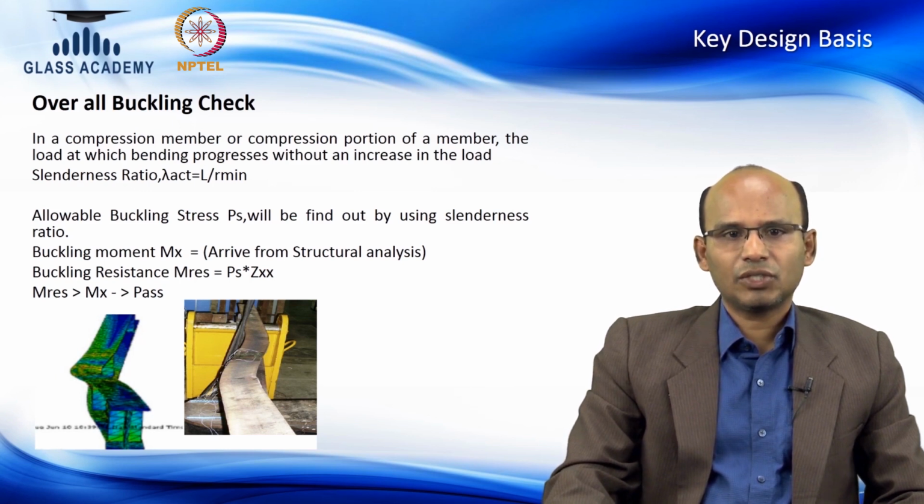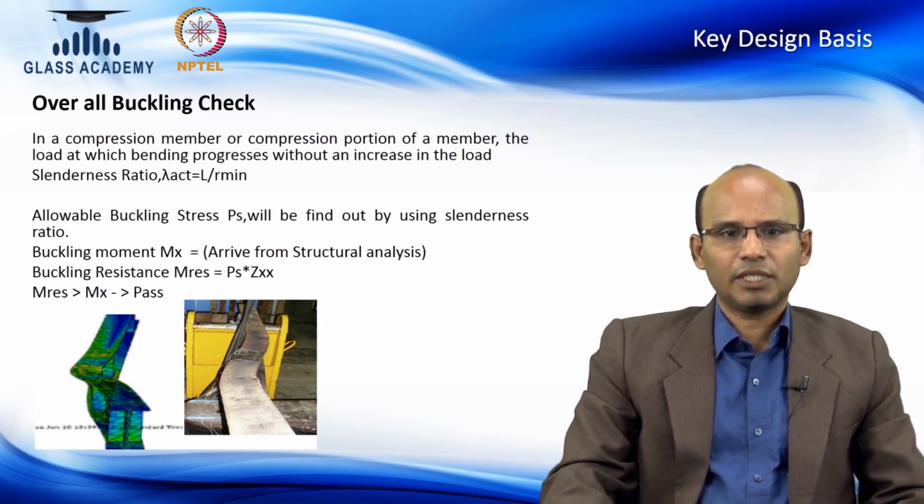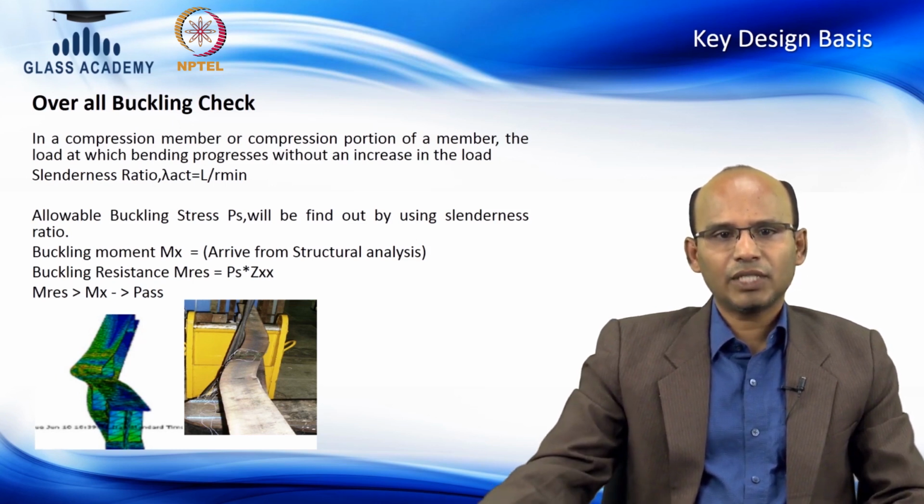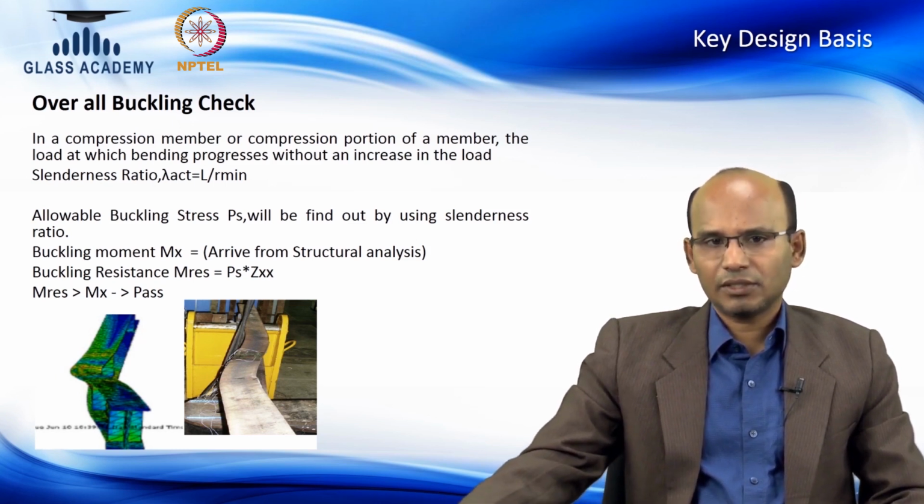If the slenderness ratio is very small, then it is critical to check the buckling. Similar to the steel I-beam design, the buckling check has a different formula depending on whether it is a compact section, semi-compact, or slender element. Depending upon the aspect of this member, various formulas are given in analysis codes.